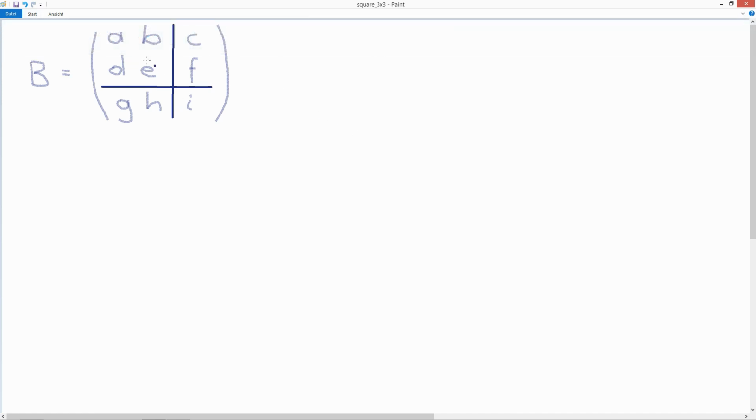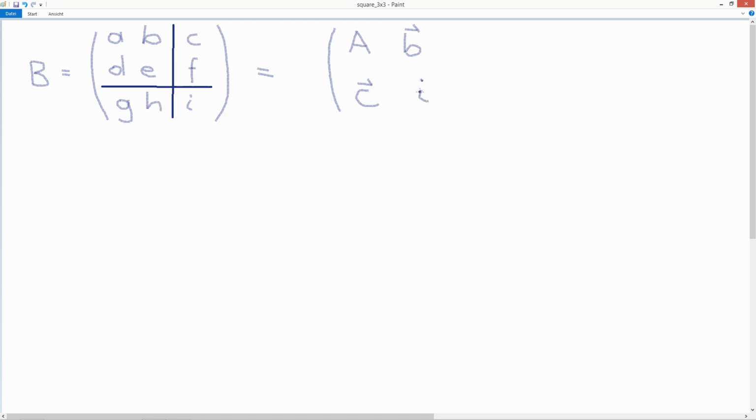We will call this submatrix here A. So this submatrix here is A. This vector here we will call B. So this vector here is B. This row vector here we will call C. And this value here, I, doesn't get a new name.